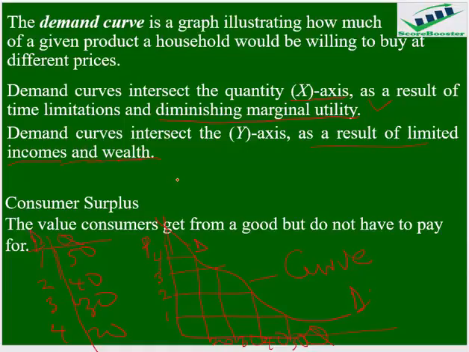Another point that is very important at this stage is the concept of consumer surplus. That is the value the consumer gets from a good but does not have to pay for. Let me call this one abnormal surplus, for you to understand what I mean, from the concept of abnormal profit. Actually, it's not really called that. Here, you have gotten your normal surplus, your normal benefit.